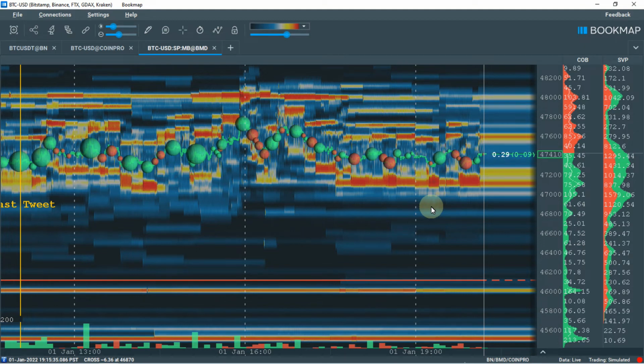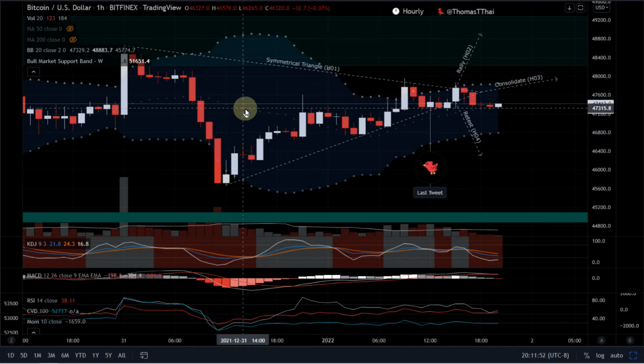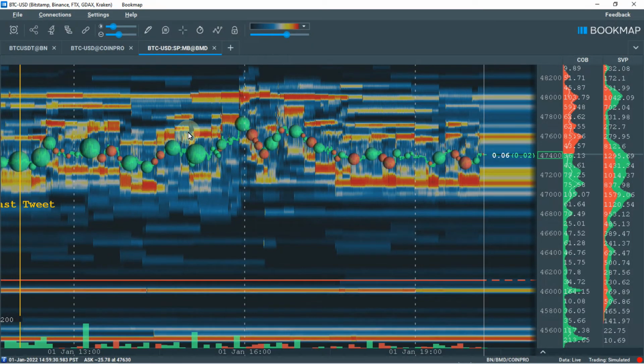Because on this chart, you can just see candles. You don't see actually order books. Here you can see what the order books are. And you can see here, this scale right here, the darker deep blue colors mean that the order sizes are really small versus the deep red colors.